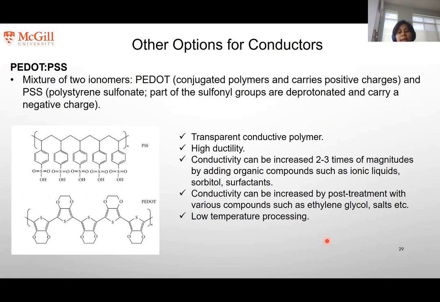We can actually add some other stuff like sorbitol and surfactant in this PEDOT:PSS ink, and we can increase the conductivity. Also, there are ways to increase the conductivity in a post-treatment process. And the good thing about it is they need low temperature processing.